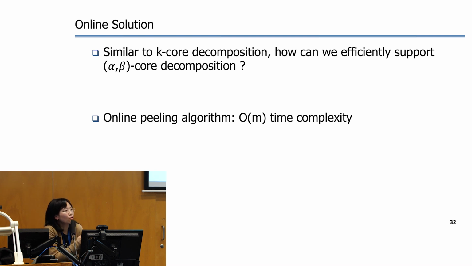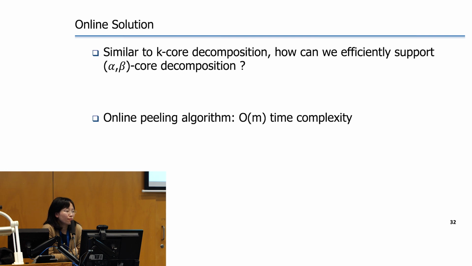The K-core model over traditional graphs has some very nice properties we just introduced. It has a linear time complexity, and it has a hierarchical structure across different K values. If we extend it this way to bipartite graphs, can we still retain these nice properties? Luckily, we can.